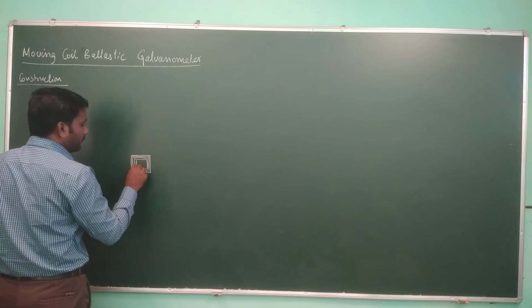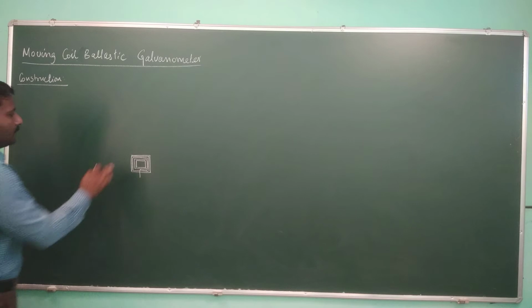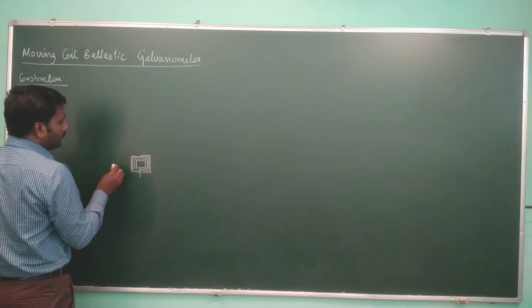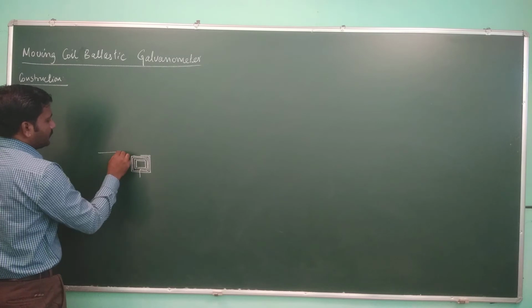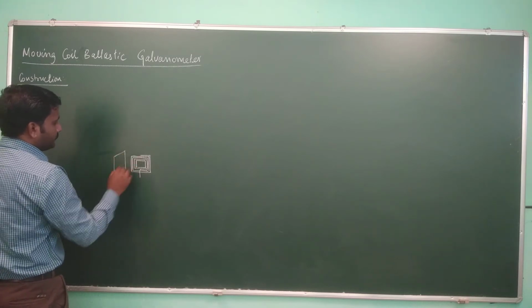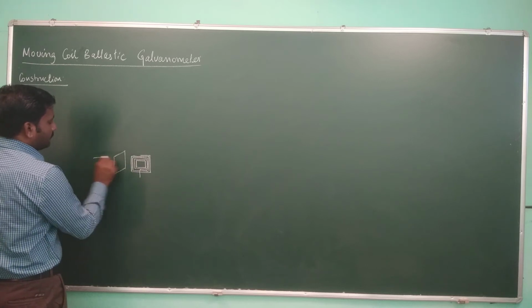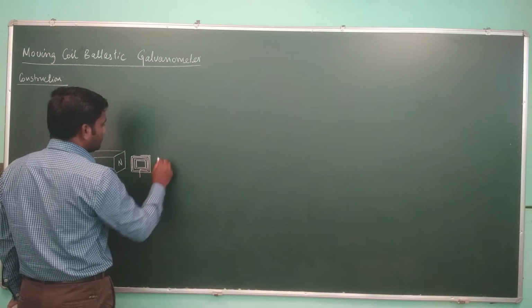There is a metal core inside this frame, and this setup is put in the region of the magnetic field. It is placed in between the north and south poles of a magnetic field.